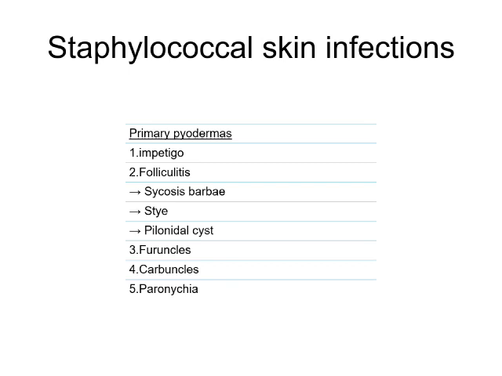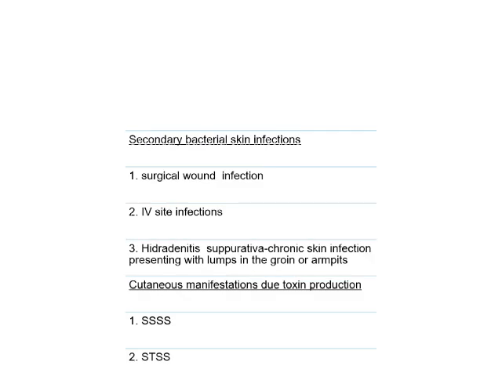In addition to primary pyodermas, staphylococci also cause secondary bacterial skin infections, such as surgical wound infection, intravenous site infections, and hidradenitis suppurativa, which is a chronic skin infection presenting with lumps in the groin or armpits.